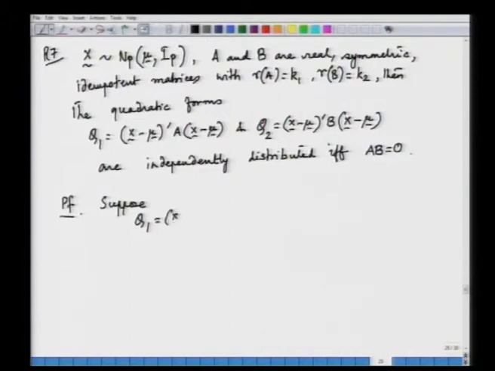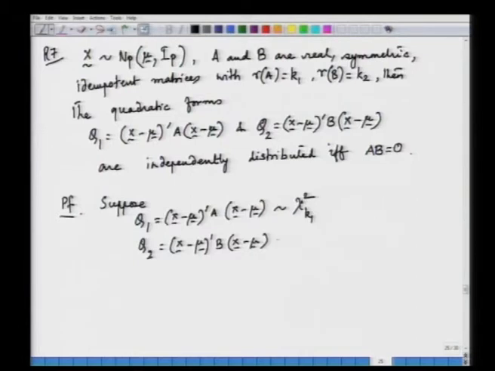Q1, which is (x minus mu) transpose A (x minus mu), follows a central chi-square with rank of A as its degrees of freedom, and Q2, (x minus mu) transpose B (x minus mu), also follows a central chi-square with rank of B as its degrees of freedom, with Q1 and Q2 independent.